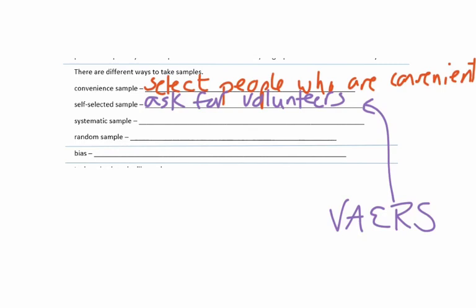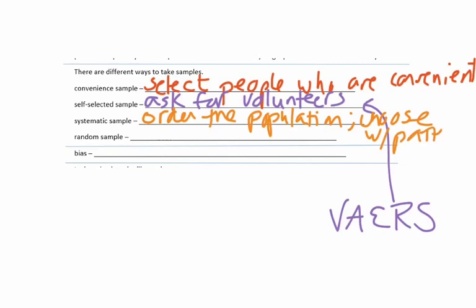The next one is a systematic sample, and that's when you order your population and then you choose from that according to some kind of pattern. Okay, so order the population and then choose with some kind of pattern.